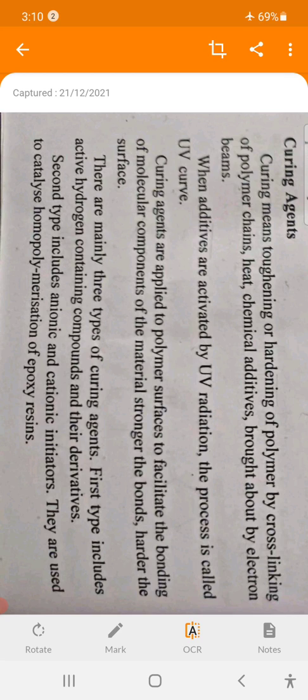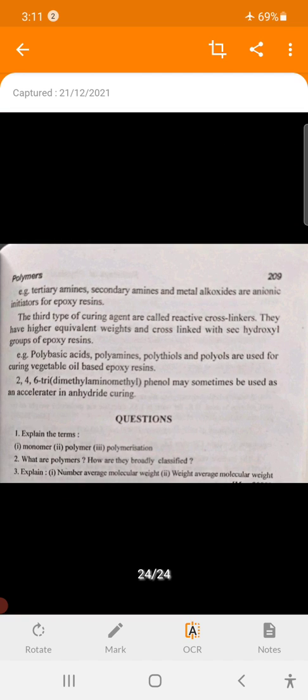They are mainly of three types. The first type includes active hydrogen containing compounds and their derivatives. The second type includes anionic and cationic initiators. They are used to catalyze homopolymerization of epoxy resins.